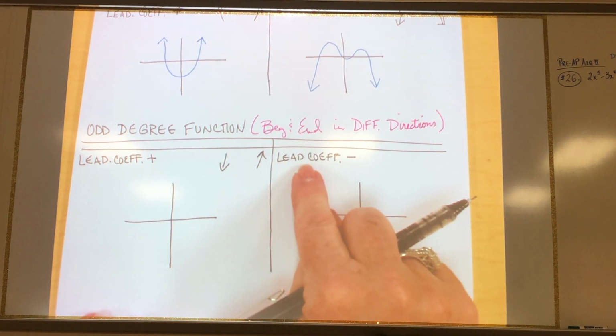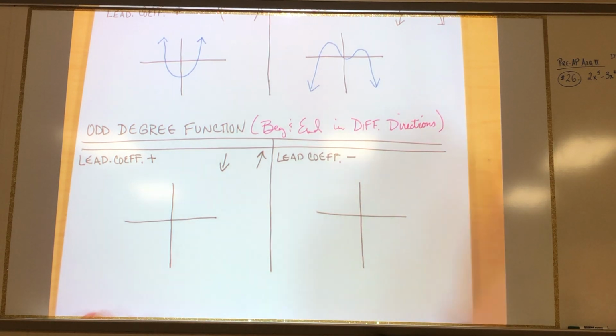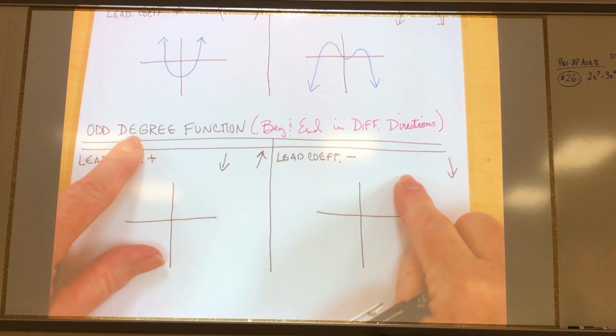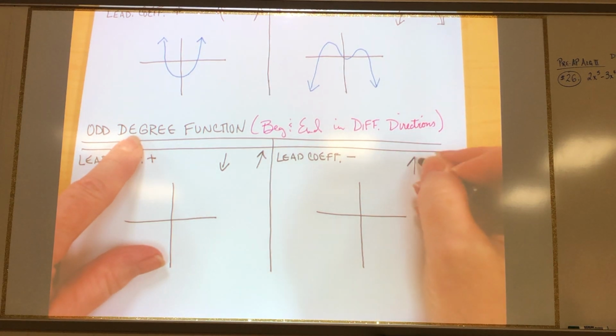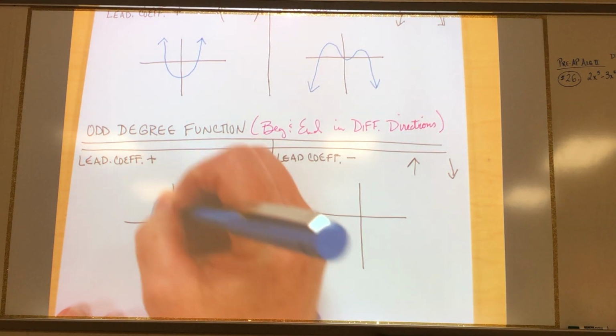All right, over here, my leading coefficient is negative. What's my right hand behavior? Down. If my right hand behavior is down, and he's an odd function, what's my left hand behavior? Very good. Okay, so I'm going to draw some wonderful graphs for you.